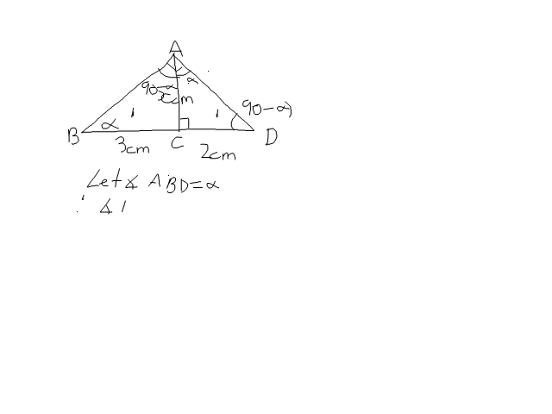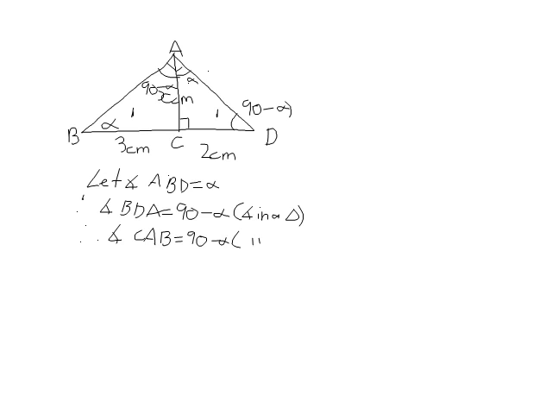So let's just see, so therefore angle BDA equals 90 take alpha. Reason why, angles in a triangle. Alright, also therefore, because we've got that, angle CAB also equals 90 take alpha.